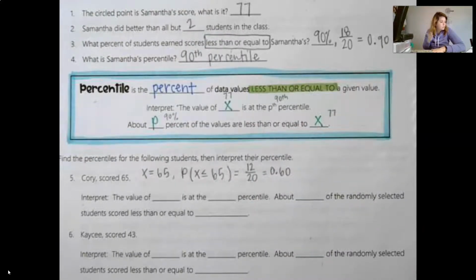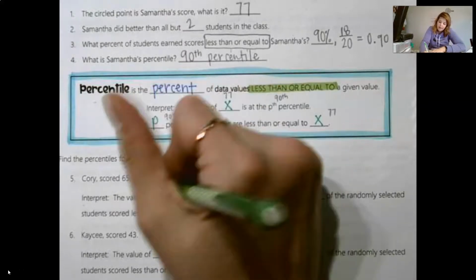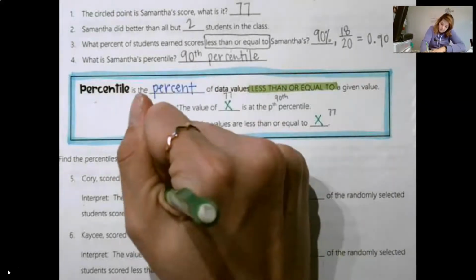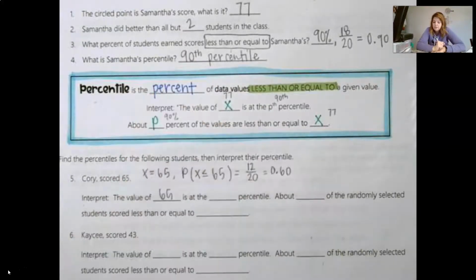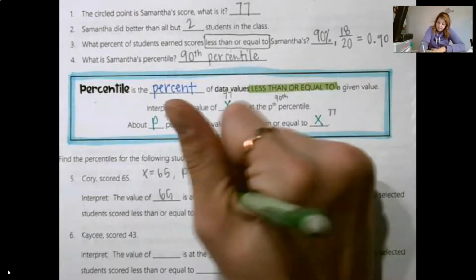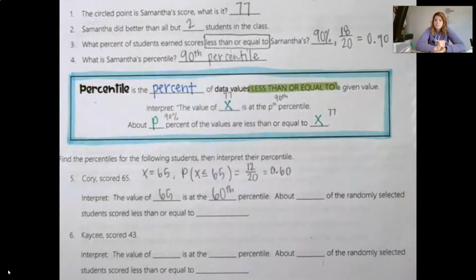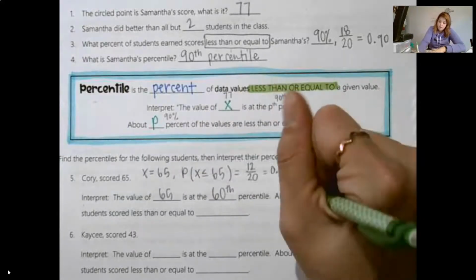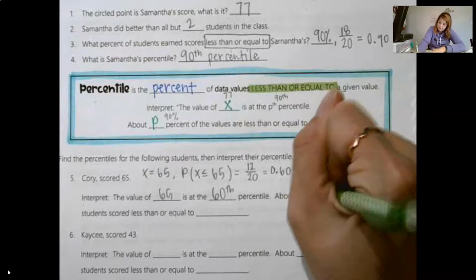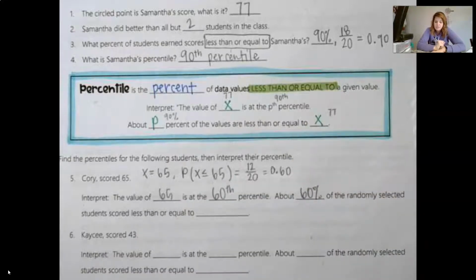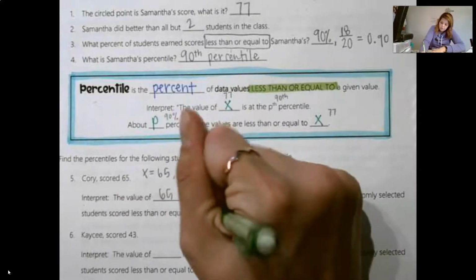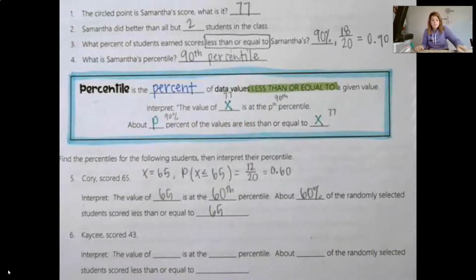So to interpret this, the value of 65 is at the 60th percentile. About 60% of the randomly selected students scored less than or equal to 65.